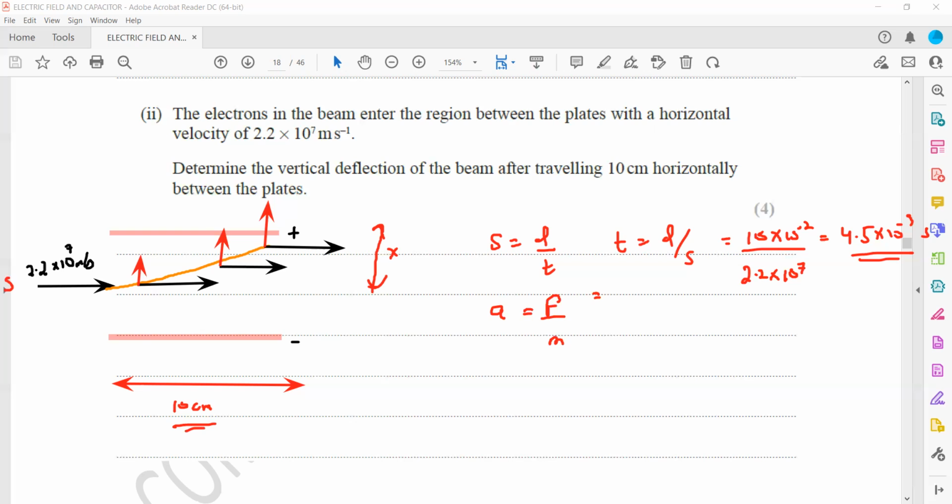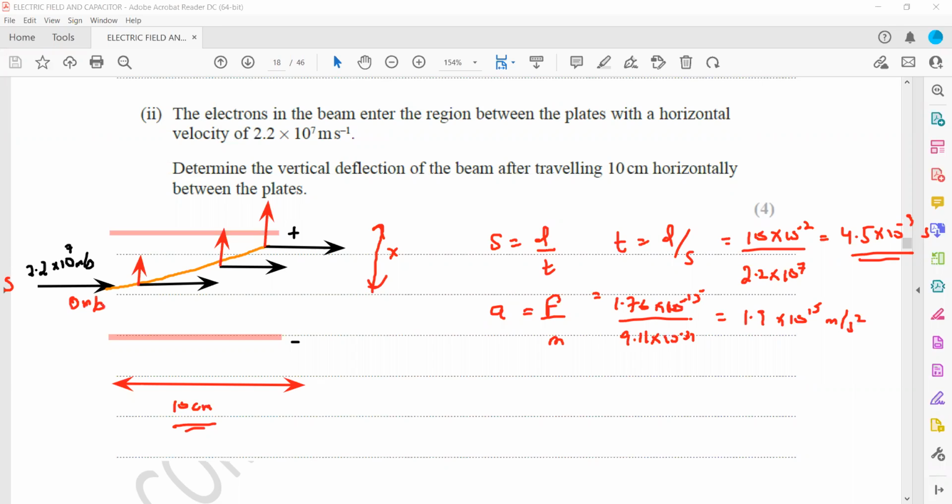F is the force it experienced, 1.76 × 10^-15, divided by the mass of the electron, 9.11 × 10^-31. When we divide them, this gives the acceleration, which is 1.9 × 10^15 meters per second squared.